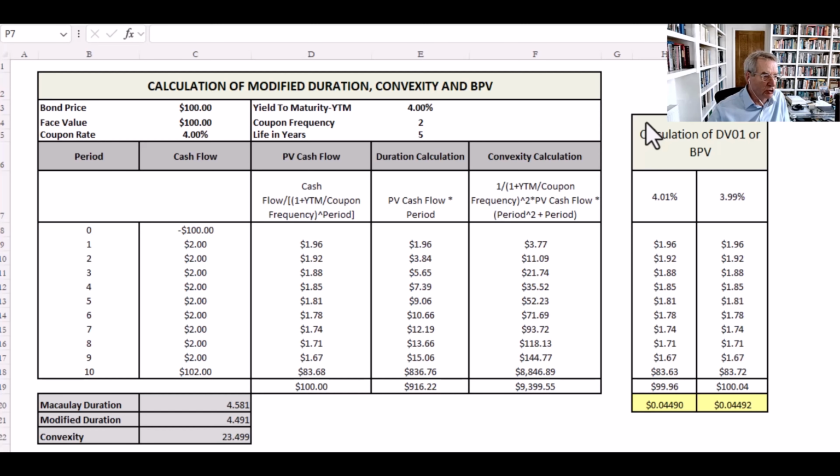This model is for a 5-year bond. It is a dollar-based bond, so we can even think of this as a US Treasury note. The US call any bonds of 10 years or less notes, and then beyond that they call them Treasury bonds. So this has a par value, face value of $100, as can be seen here.